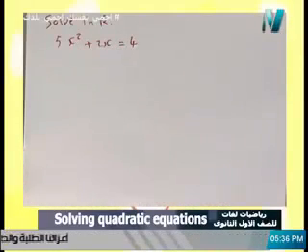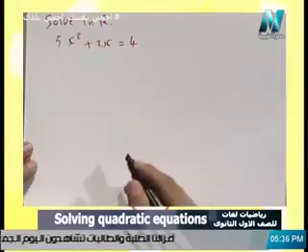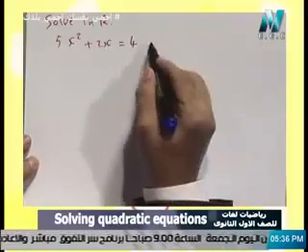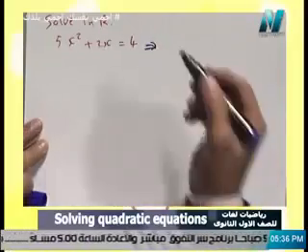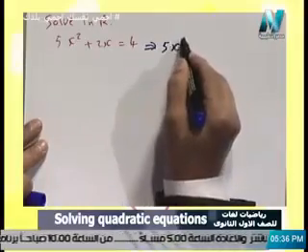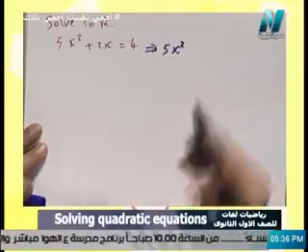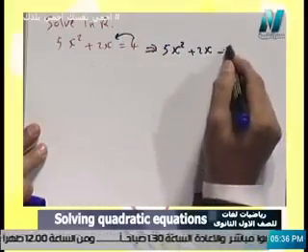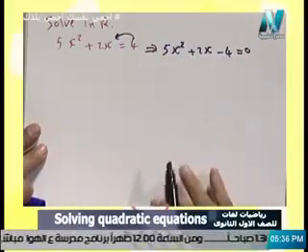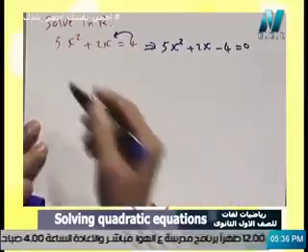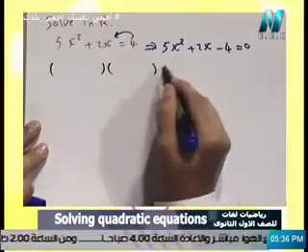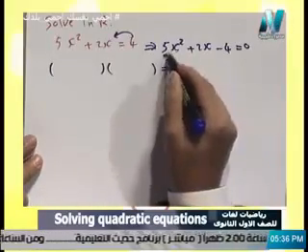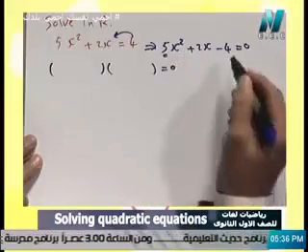We will try to solve this equation using factorization if we can. But first, we will put it in the form 5x power 2 plus 2x, and we transfer 4 to be negative 4 equals 0. We will try to use factorization if it can be. Here 5x power 2 and 4.